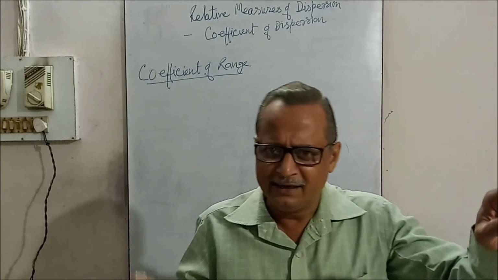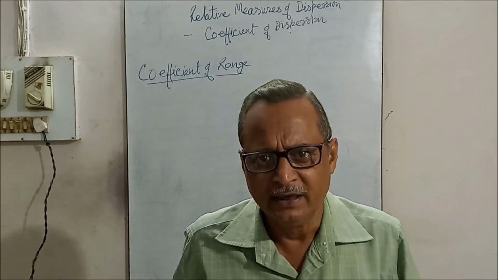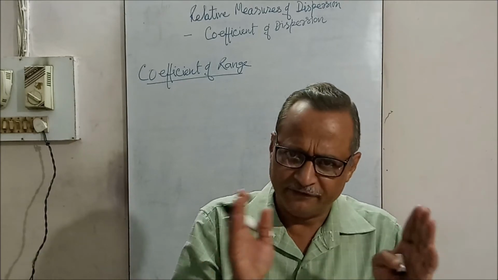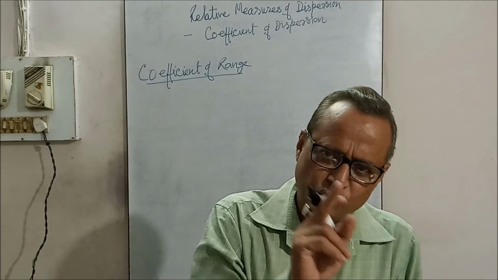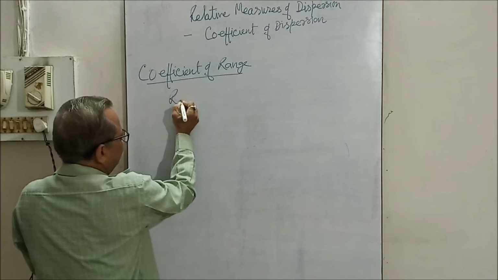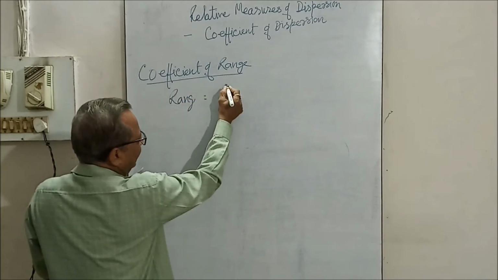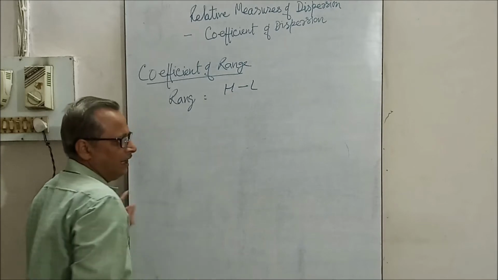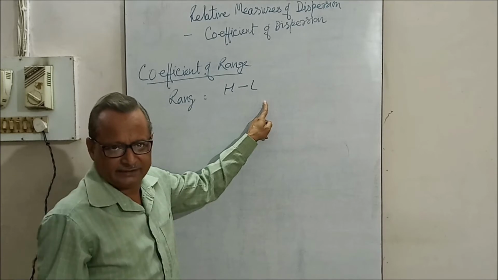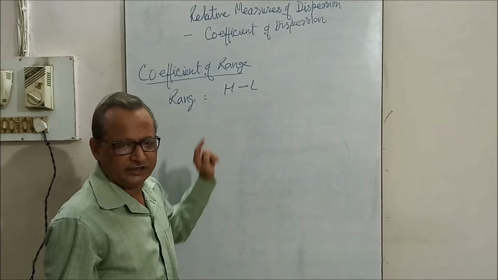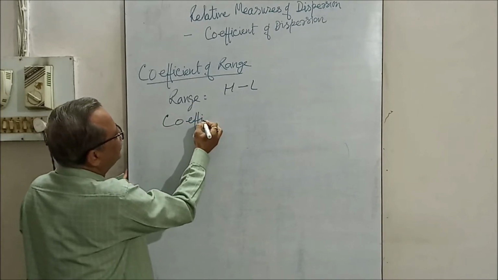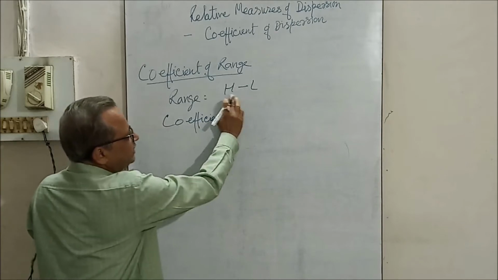Highest minus lowest equals range, that is range H minus L. This is called the absolute measure.